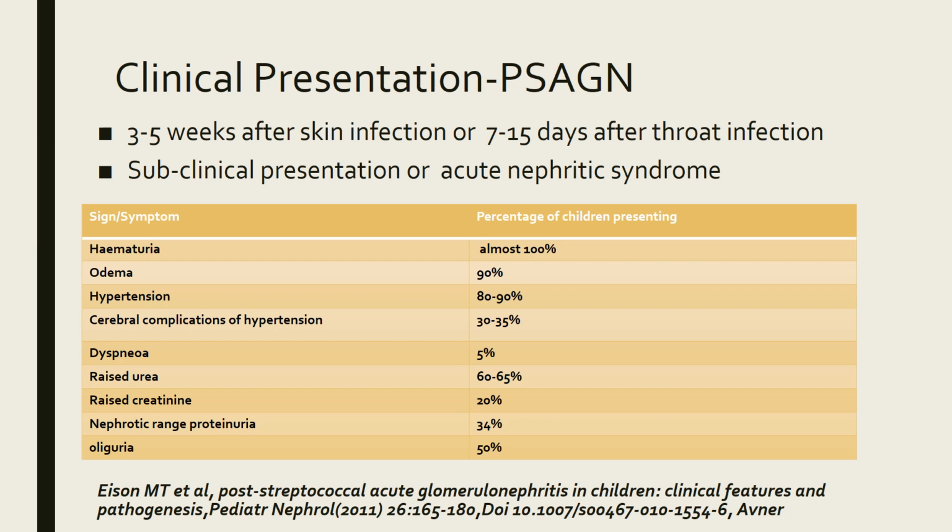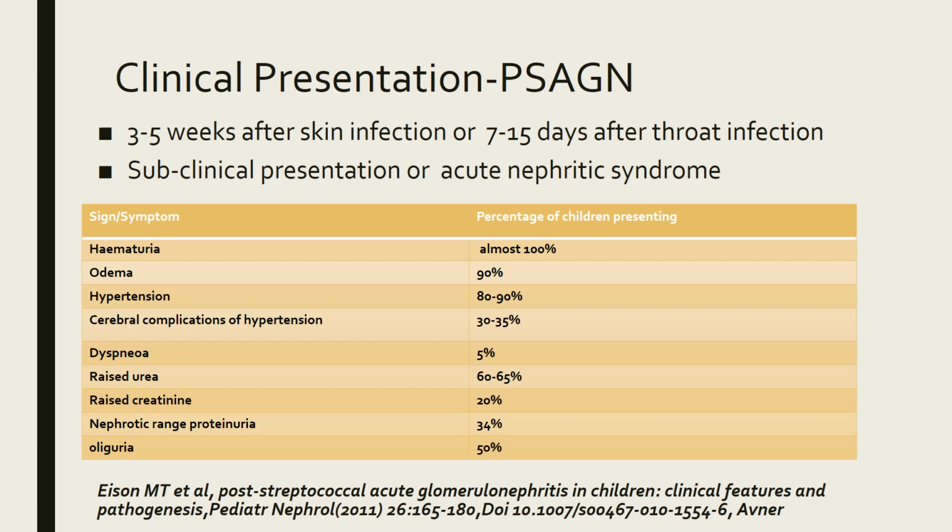5% presented with pulmonary edema. About only 20% had raised creatinines, whereas 34% of patients presented with nephrotic range proteinuria. Presenting with nephrotic range proteinuria doesn't mean that they presented with a nephrotic syndrome, but the urine had massive protein losses.